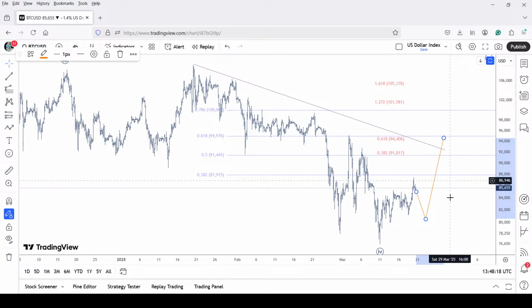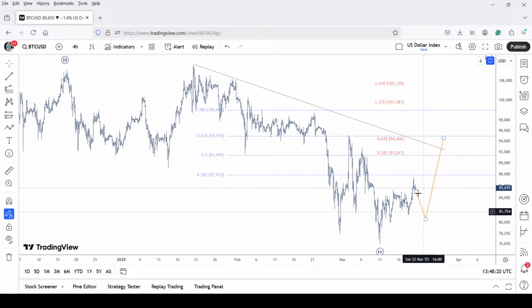Right, so we expect a decline right now in the near term back towards the 80,000, 81,000 mark, and then we would again try and capture on the long side and take it over towards 94, 95.